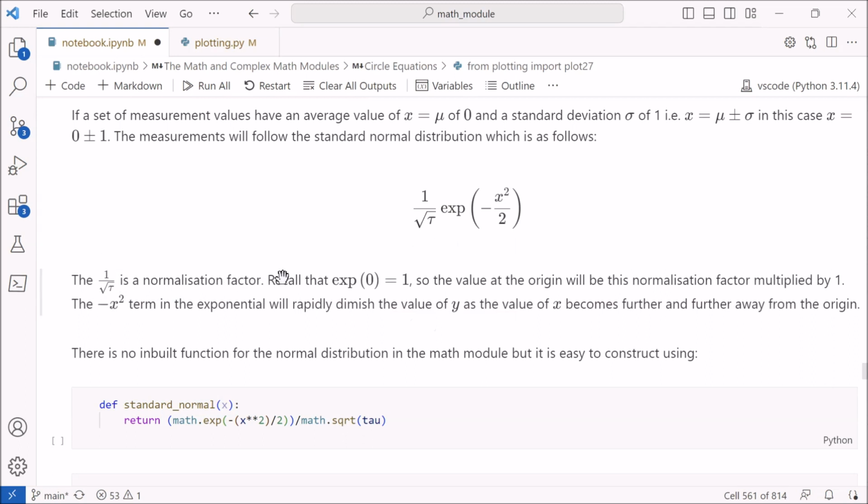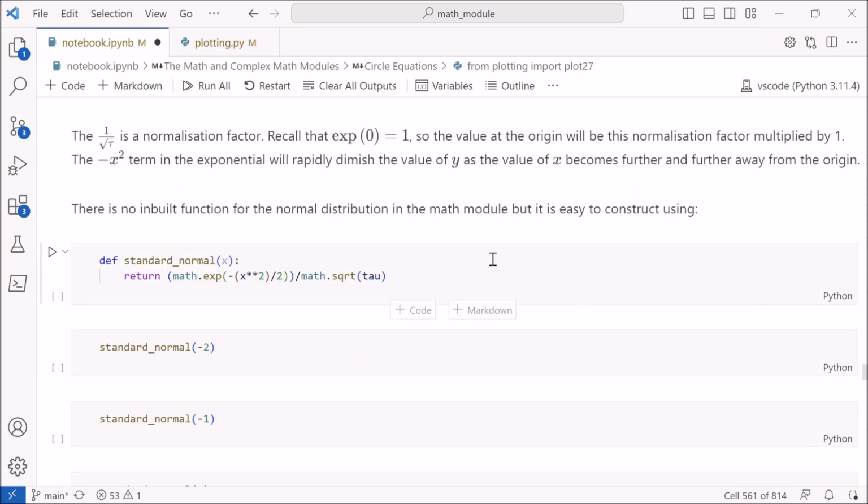This is the normalization factor, and recall that exponential of 0 is 1, so the value at the origin will be this normalization factor multiplied by 1. The minus x squared term in the exponent will rapidly diminish the value of y as the value of x becomes further and further away from the origin.